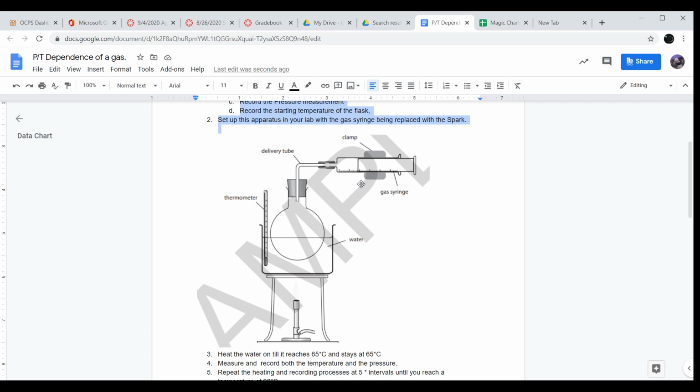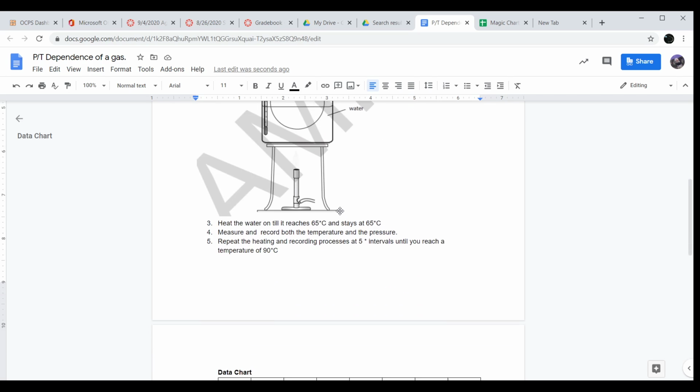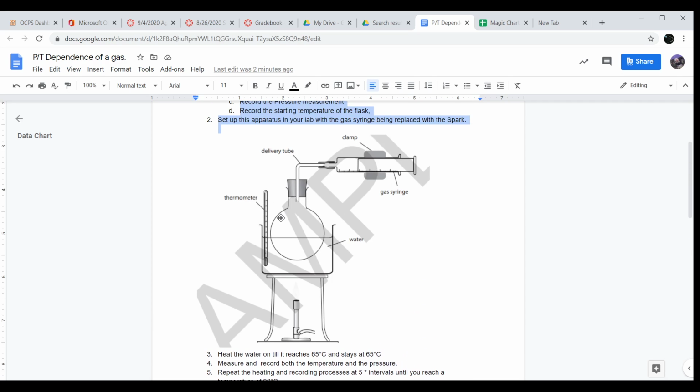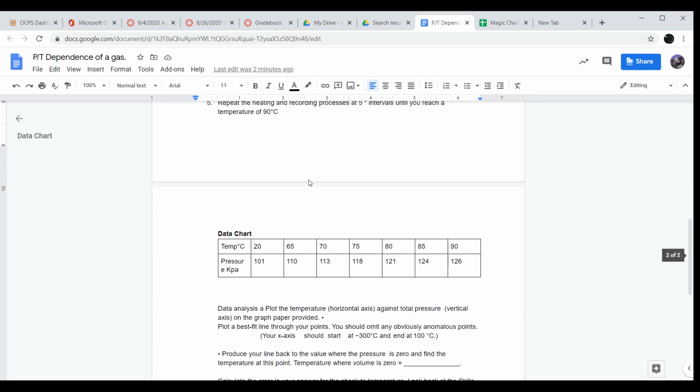However, we ended up plugging in a pressure sensor instead, and that was more so because the gas syringe didn't actually work all too well. So what we are going to be doing now is talk about the information that we got from the lab and how we can analyze it here.